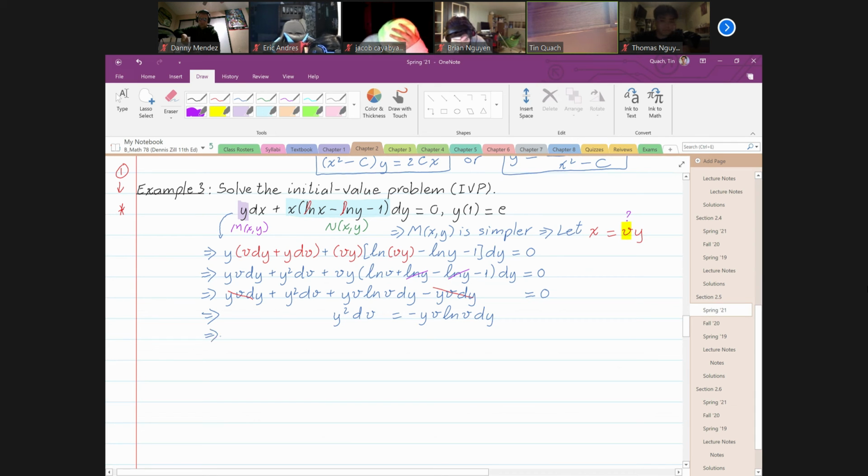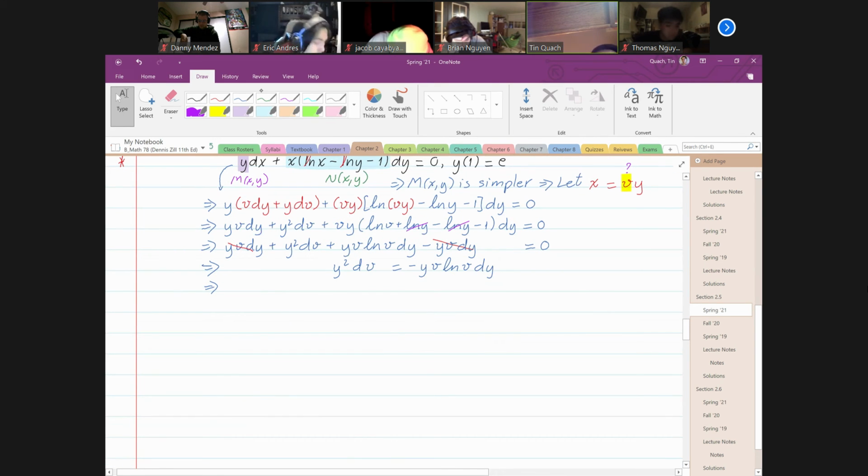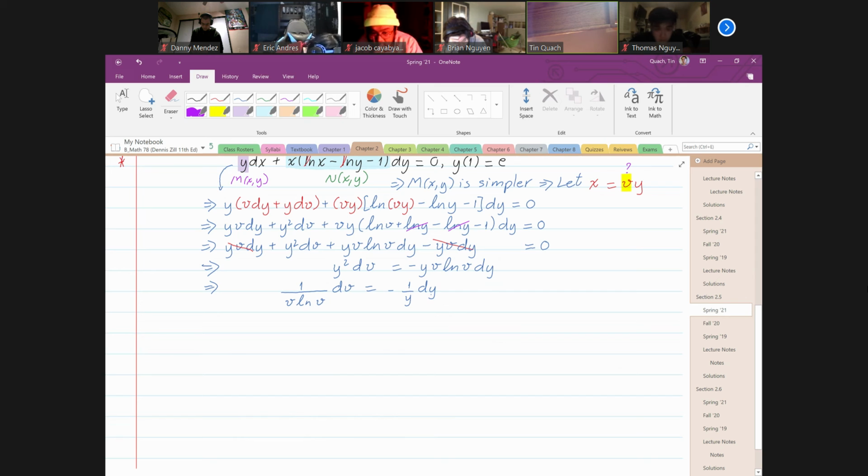That's going to give us 1 over v ln of v dv, and on the right we get negative y over y squared, which is 1 over y dy. All right. Okay, so now we're going to integrate both sides.